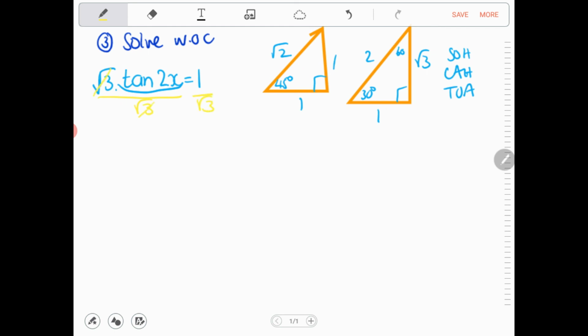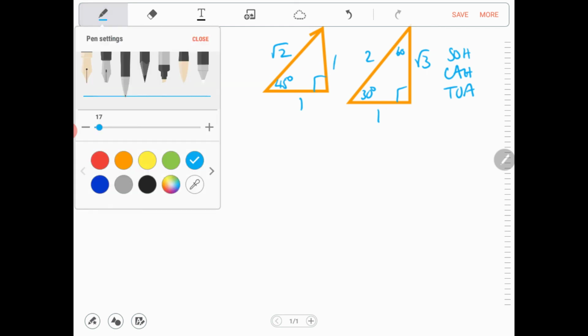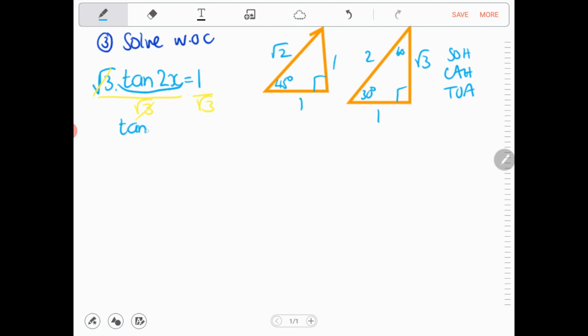Okay, so these are allowed to cancel. So tan 2x is equal to 1 over root 3. Okay, if I was using my calculator, I would then jump the tan over and do arctan, but we're not allowed to use our calculator, so we have to use our special angle triangles.